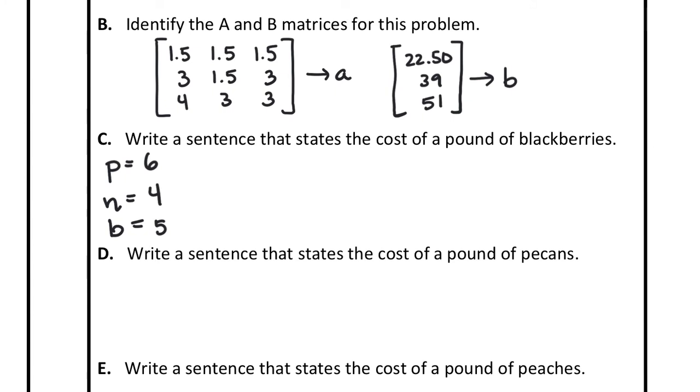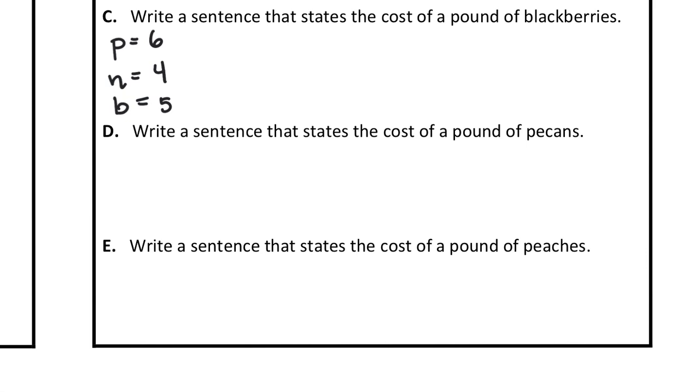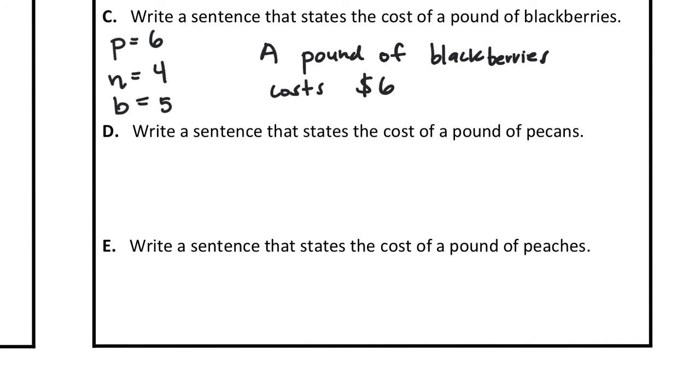And it says, write a sentence that states the cost of the blackberries. And so, cost of the pound of blackberries. A pound of blackberries costs $5.